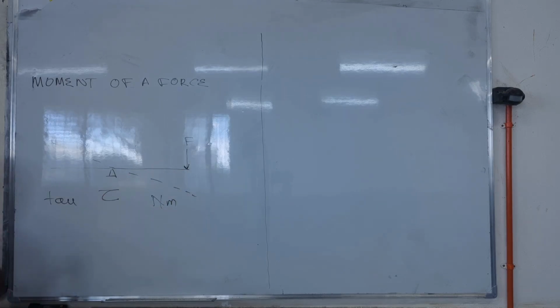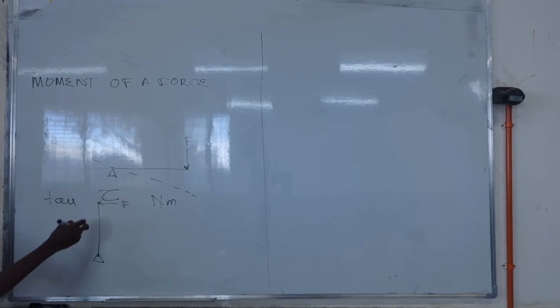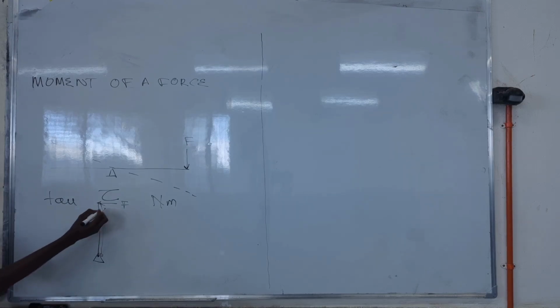If let's say we had something like a pole pivoted here, and there is a force acting here, the perpendicular distance is the distance from here to the pivot. Basically, it's making 90 degrees with the force. So if you check here, there's a 90 degrees. If you check here, there is a 90 degrees.